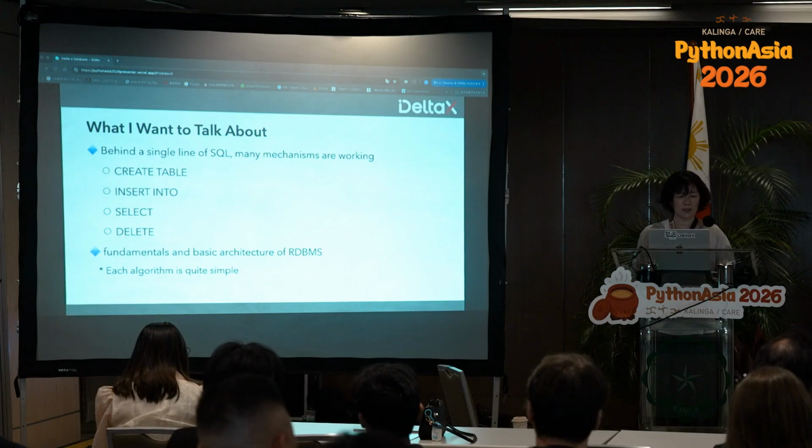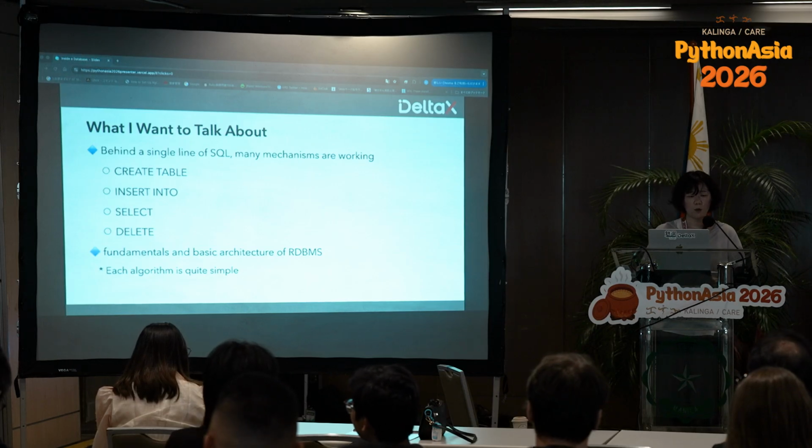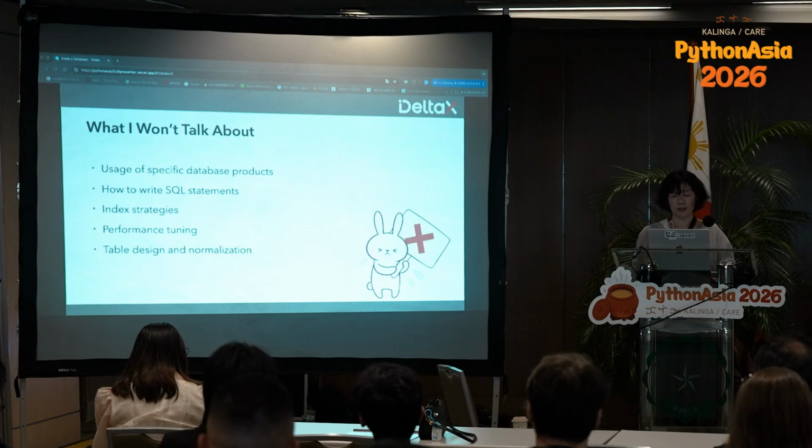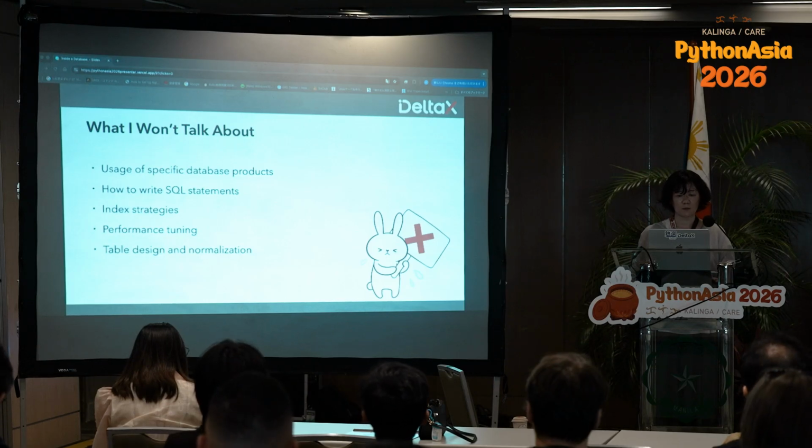The algorithms I use are quite simple, not exactly the same as production databases like PostgreSQL, but I hope you understand the fundamentals and basic architecture of an RDBMS. This talk won't cover usage of specific database products, how to write SQL, index strategies, performance tuning, or table design and normalization.